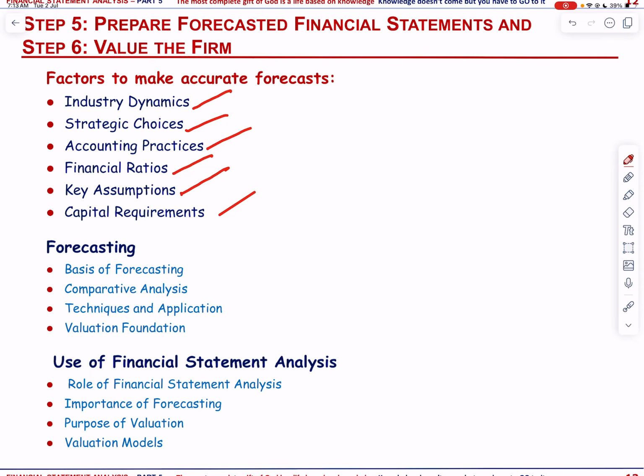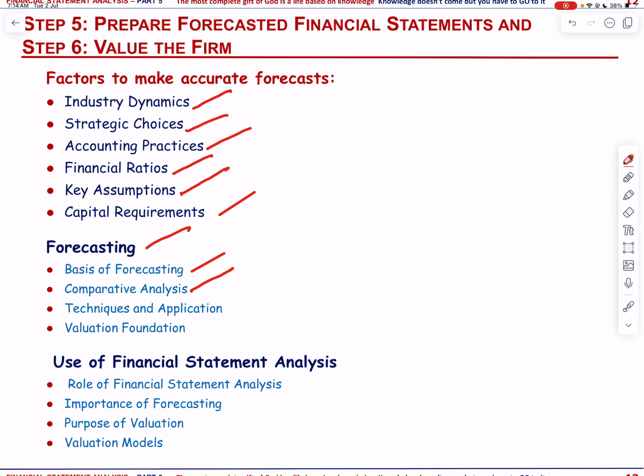Forecasting income statements, balance sheets, and statements of cash flows is crucial in financial analysis. It involves basis of forecasting, that is responses to strategic questions form the basis of predicting future financial performance. Comparative analysis.